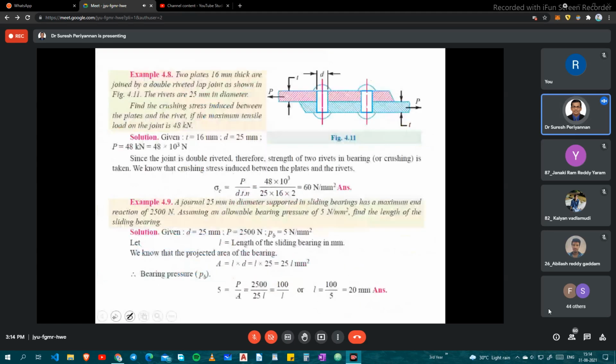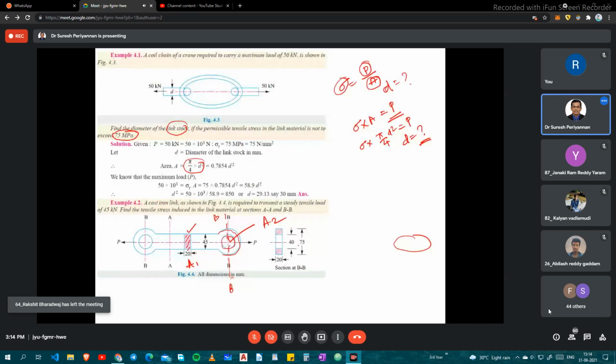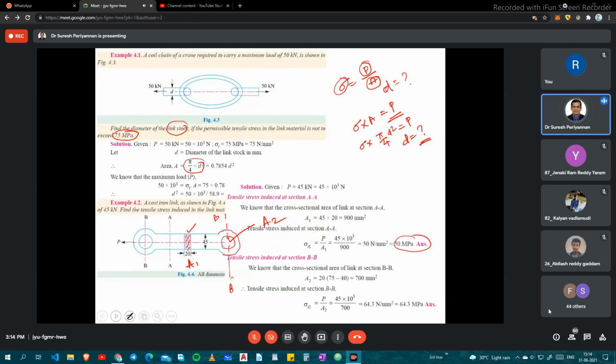Just see that projected area here: 75 minus 40, into 20, where 20 is the thickness of this cast iron link. Then we find the area, 700 mm squared. Then find the corresponding stress in that region. The stress is 64.3 megapascal.